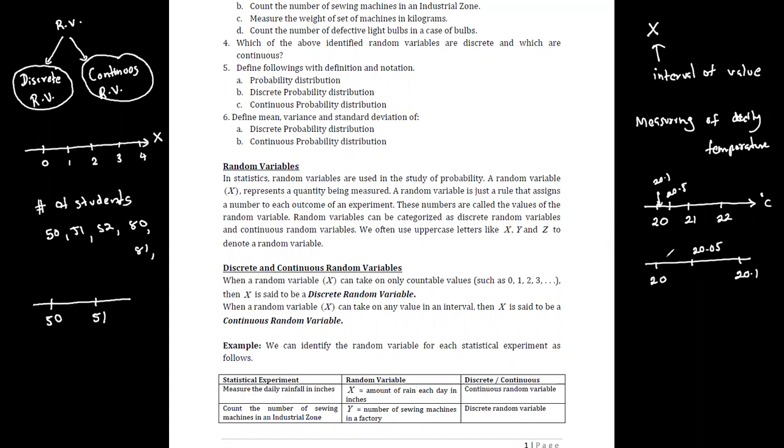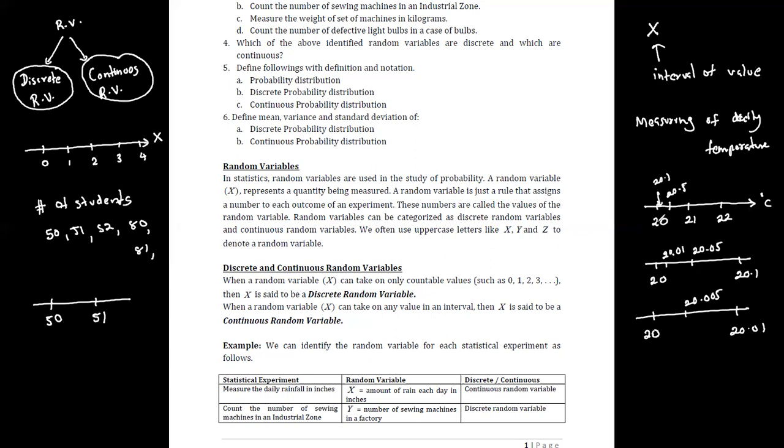Then another value will be 20.01. If you magnify this small distance, there will be another point, 20.005. Now you may see that in between 20 and 21, there are infinitely many values.